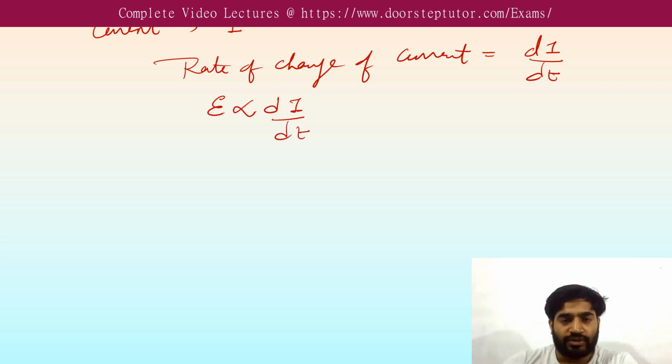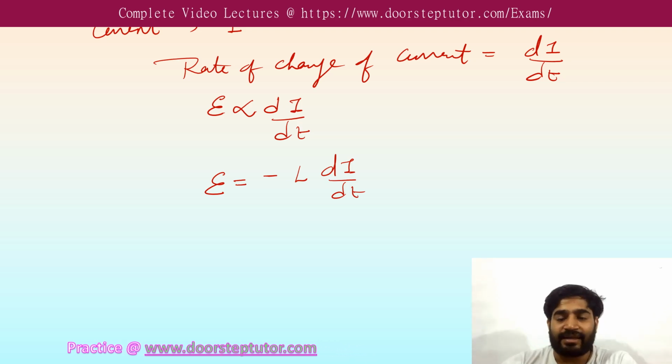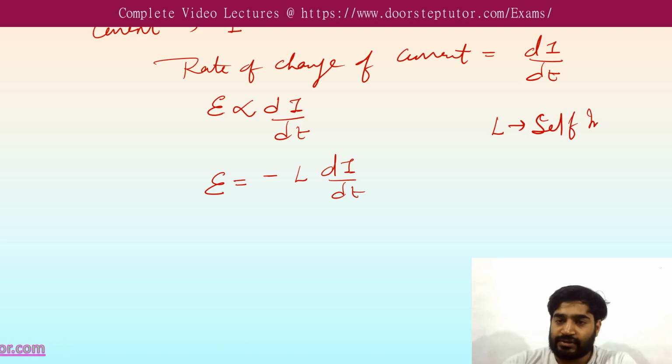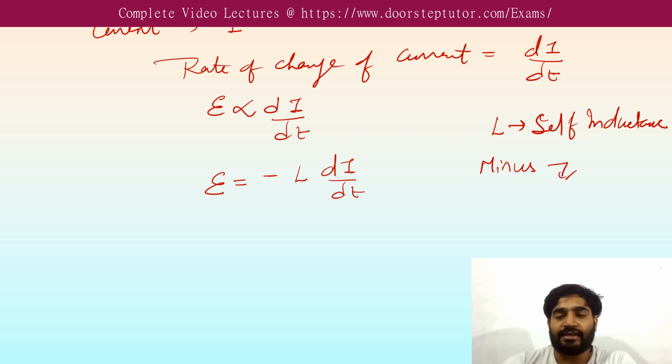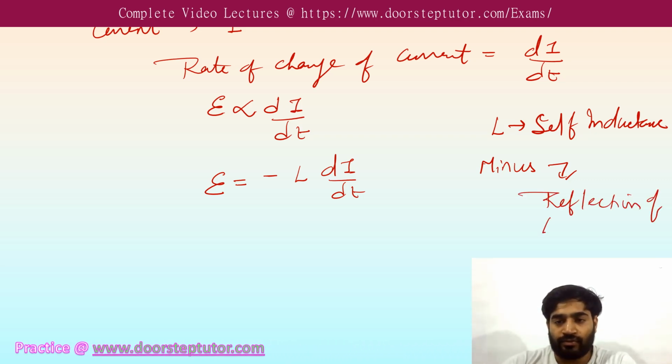When we remove the proportionality sign, we have a constant L, so EMF equals minus L di over dt. L is your self-inductance. The minus sign is due to the reflection of Lenz's law.